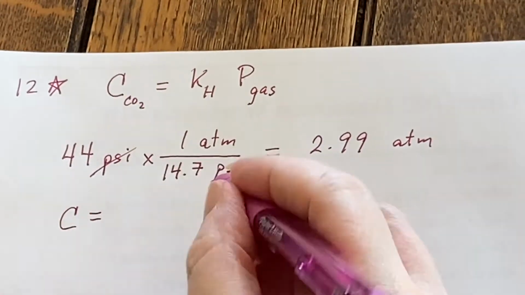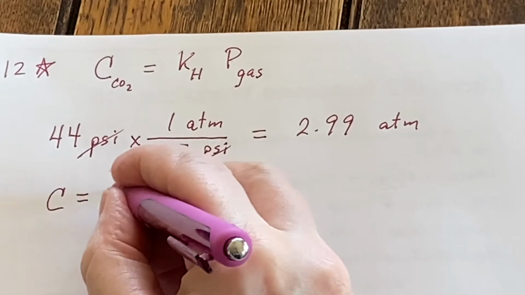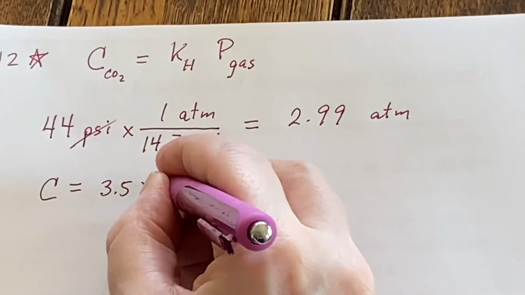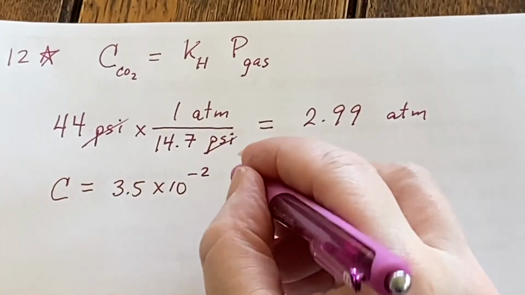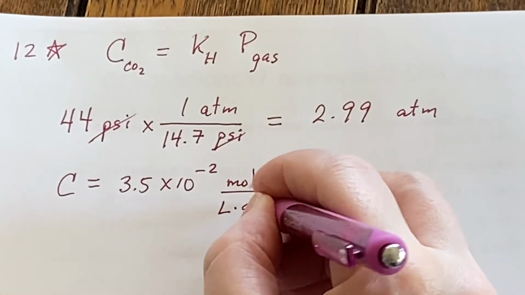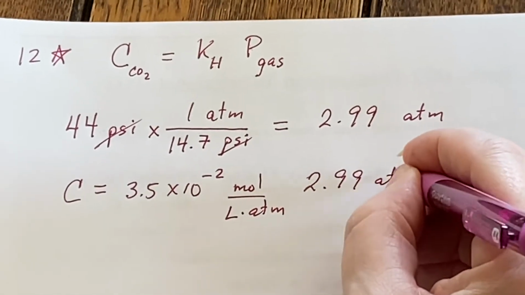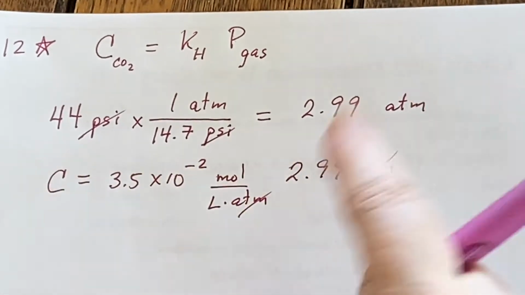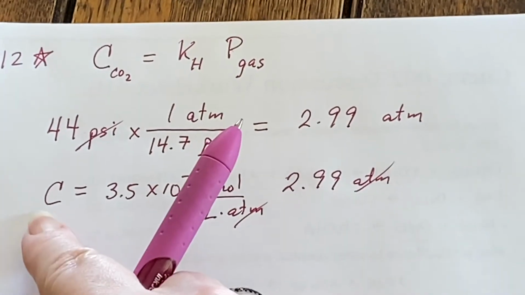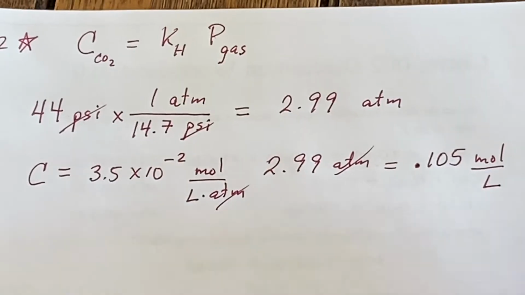That means I can just go ahead and put in the number they told me for this Henry's law constant, 3.5 times 10 to the negative 2 moles per liter atmosphere. And then I'll multiply by the 2.99 atmospheres. I see it's moles per liter, so I have a concentration. But that wasn't what they asked me for.